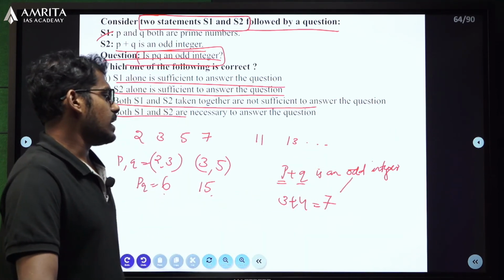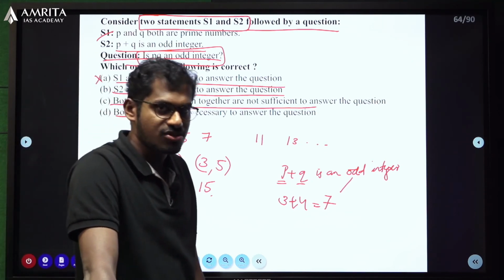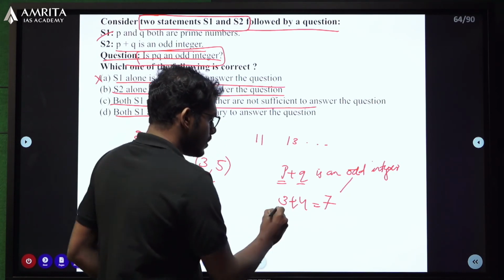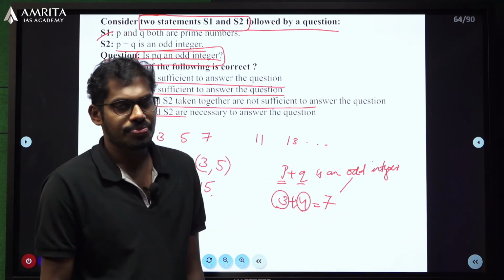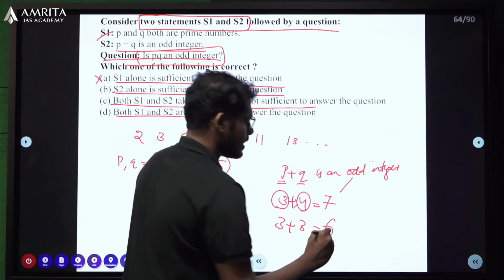So if the sum of two numbers is to be an odd number, then one of the numbers must be odd and the other even. For example, 3 plus 3 is an even number.